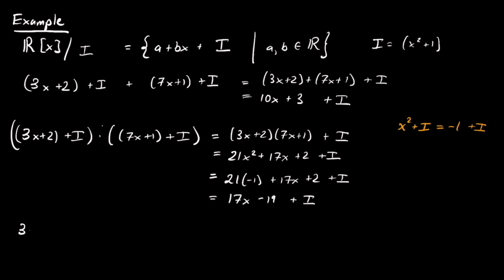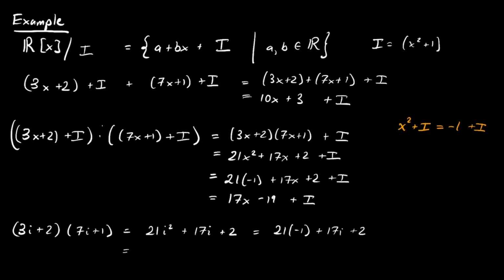If I were to take 3i plus 2 times 7i plus 1, let's see what this works out to be. When I multiply these out, I'm going to get 21i squared plus 17i plus 2. And I know that i squared is equal to -1. So this is going to be 21 times -1 plus 17i plus 2.